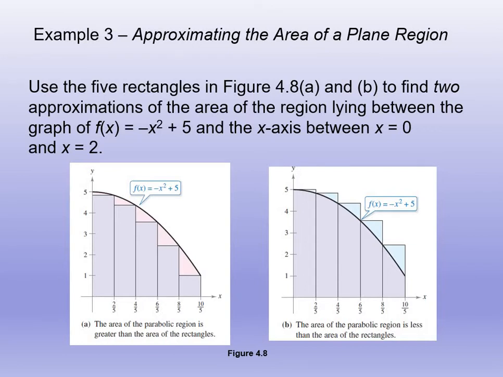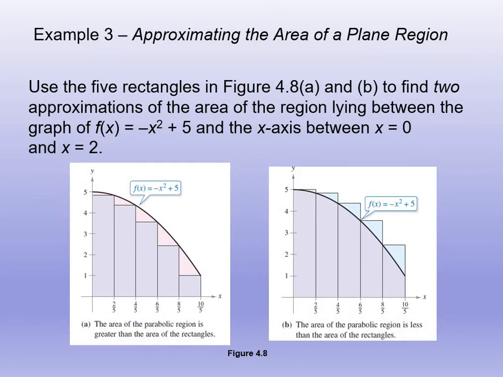So in this example, we're going to find or approximate the area of a region of a specific graph. In this case, we're going to take a look at the graph of f of x equals negative x squared plus 5, and we're going to find the area that it covers between x equals 0 and x equals 2. There's going to be two methods that we're going to use to do this. We're going to call it the left hand and the right hand.